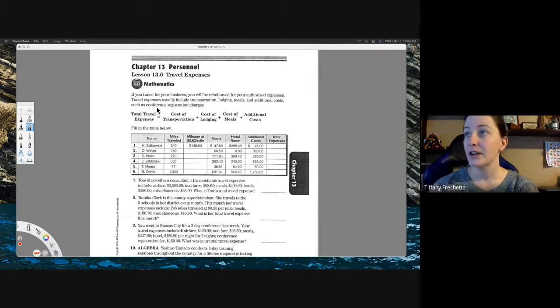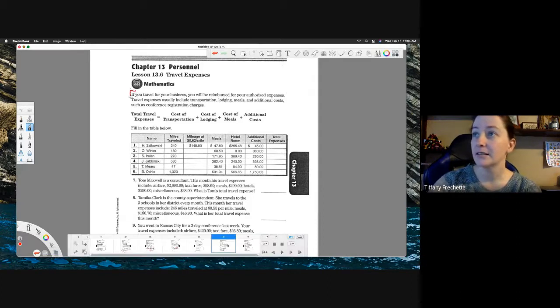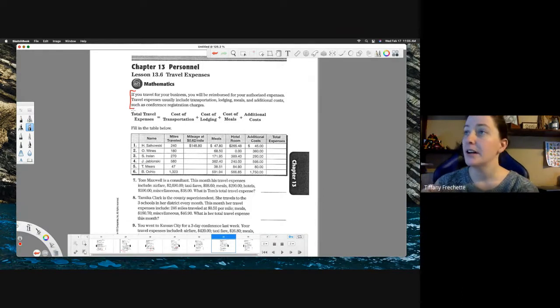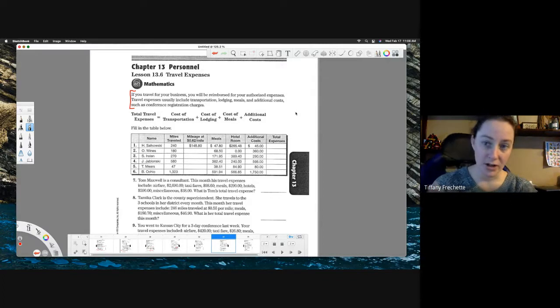All right, so they always give us a little summary here at the top. It usually doesn't give you a lot of information, just what the section is about. So if you travel for your business, you will be reimbursed for your authorized expenses. Travel expenses usually include transportation, lodging, meals, and additional costs such as conference registration charges.